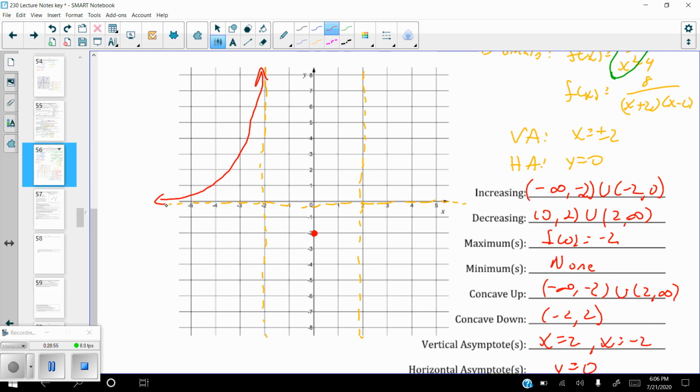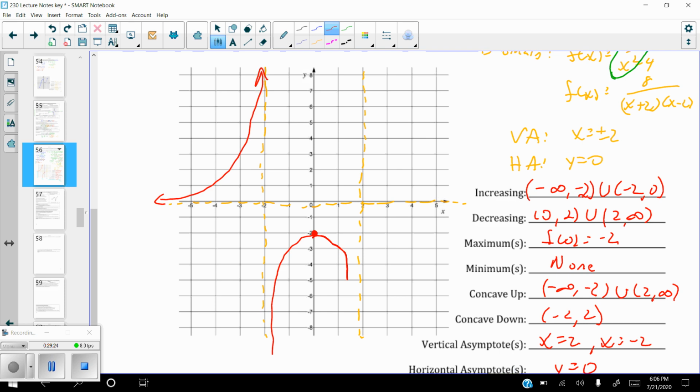Okay, it says that it's still increasing, however, from -2 to 0, but it has a maximum at f of 0 equals -2. So that tells me that it's got to do this. It's got to be increasing until it hits here. And is it concave down? Yes, it is supposed to be concave down in between -2 and 2, which tells me that now, because the function is supposed to decrease, it's hit its maximum and it's concave down.